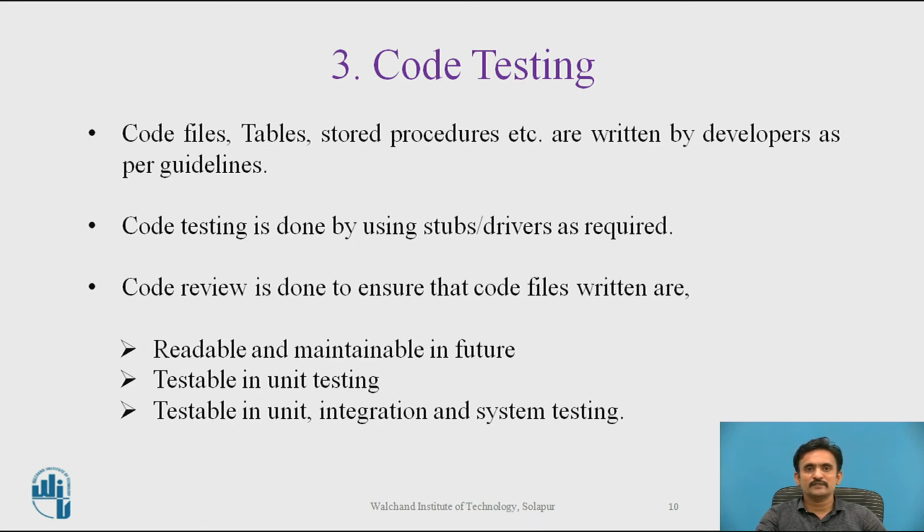Then traceable with requirements and design, that is anything extra as well as anything missing can be considered as a defect. The next, testable in integration and system testing. And at last we can add optimized code to ensure better working software, that is reusability creates a lighter system.